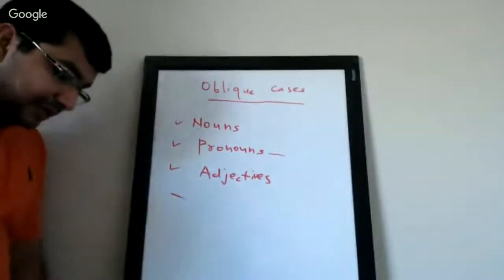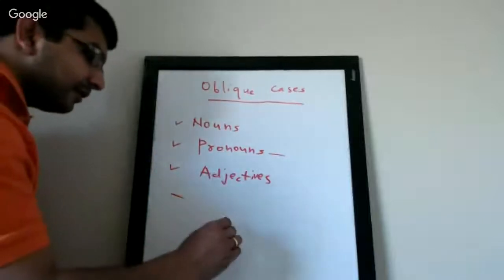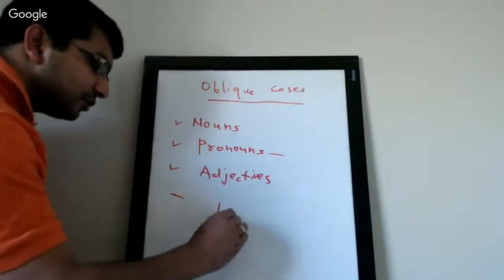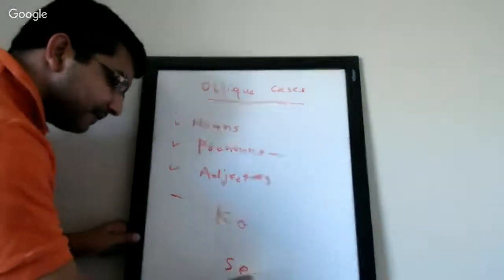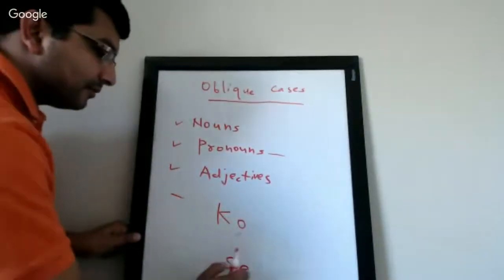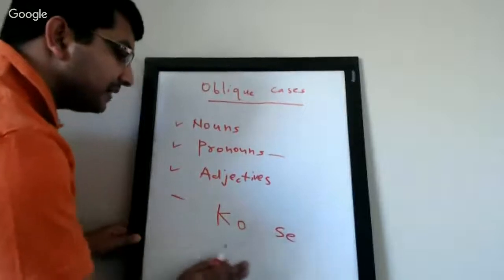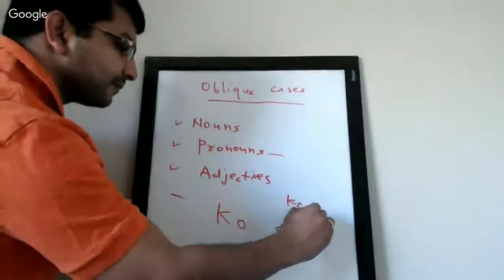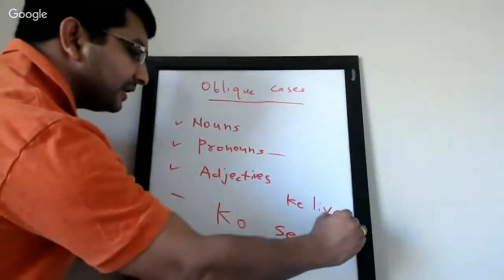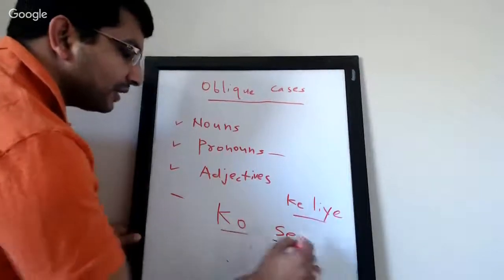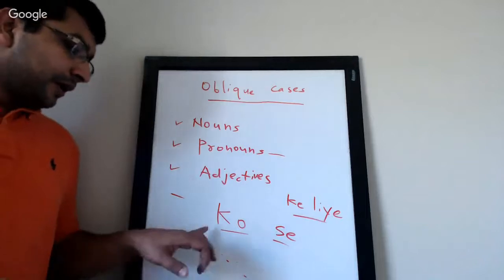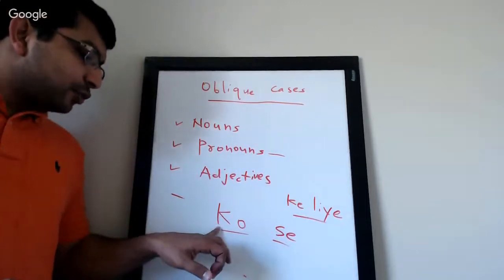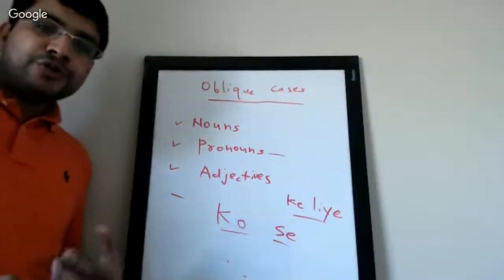In the second class, we looked a little deeper at the pronoun. We looked at three different oblique postpositions such as ko, se, and ke liye. Whenever we used a pronoun followed by a postposition, the pronoun changed to a different form.